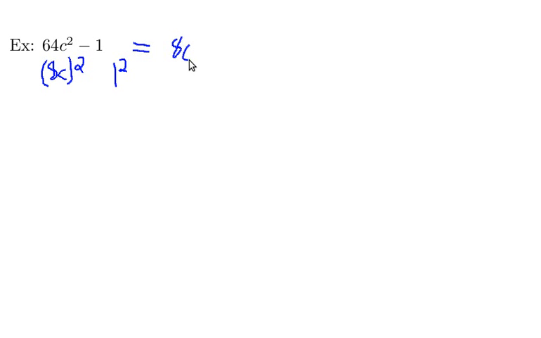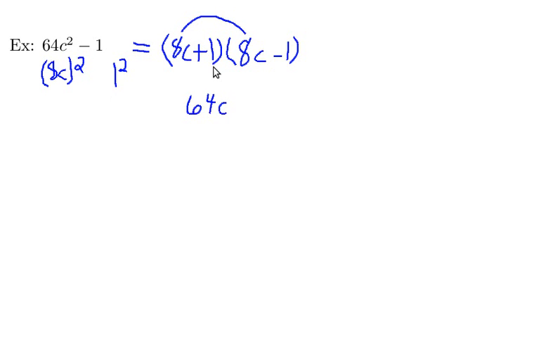So we can say that this is equal to 8c plus 1 times 8c minus 1. And we can double check that. So 8c times 8c will give us 64c. 8c times negative 1 will give us minus 8c. 1 times 8c will give us plus 8c.